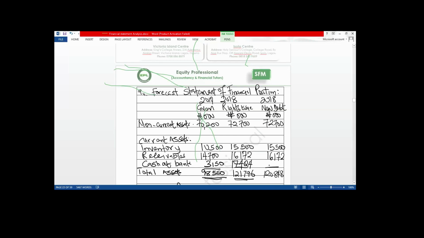What is the balancing figure here? 16,476.